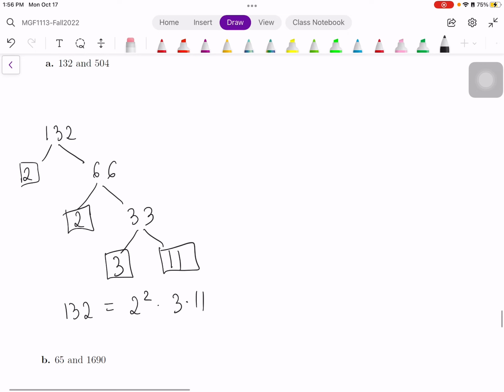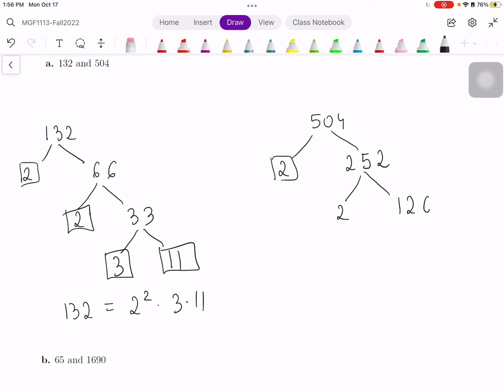How about 504? We can split it into 2 times 252. 2 is already prime. This is not. 2 times 126. 2 times 63. Then 7 and 9, and 3 and 3.